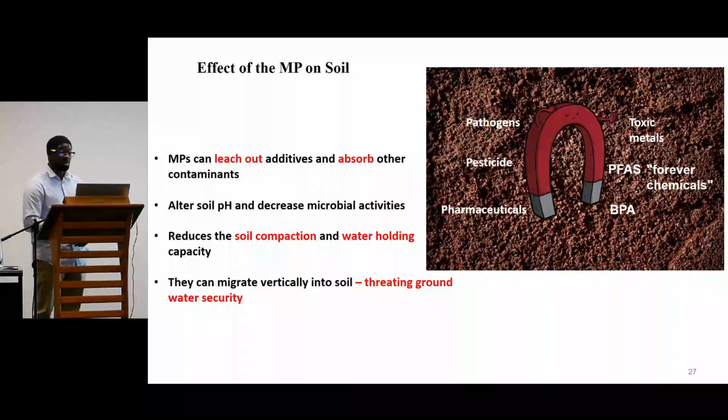They can absorb other environmental contaminants like the popularly known PFAS, as well as pathogens, pharmaceuticals and toxic metals, and they can easily be transported through the soil. So they can transport other contaminants in soil. They have also been discovered to alter the soil pH and decrease microbial activity in soil. And they can also reduce soil compaction and water holding capacity.